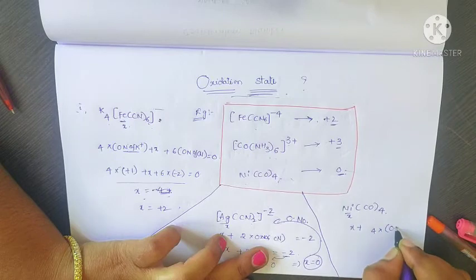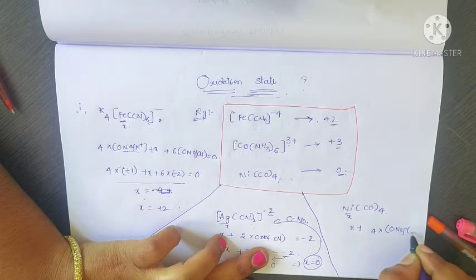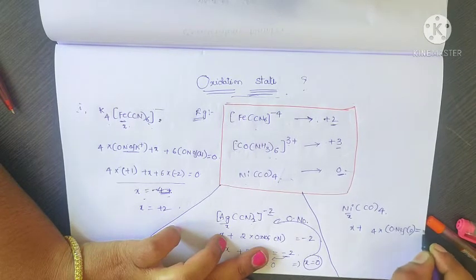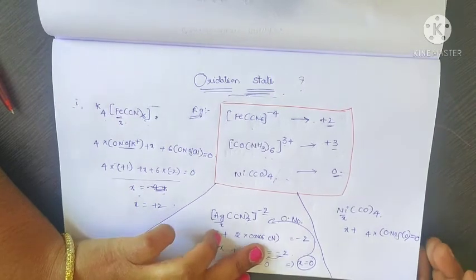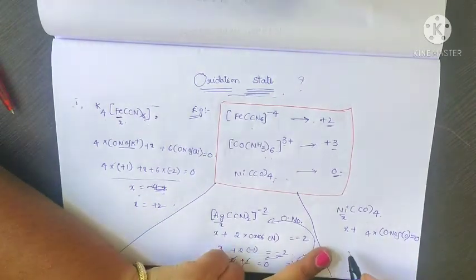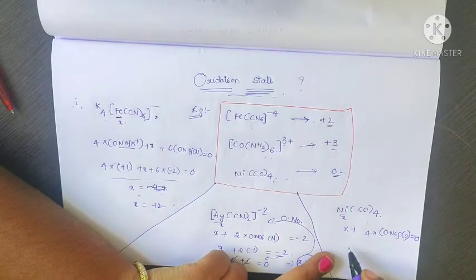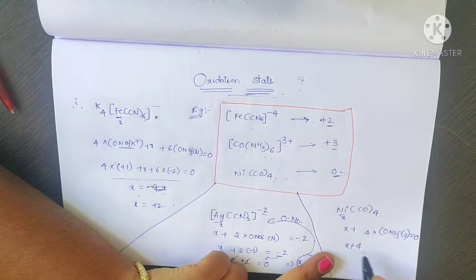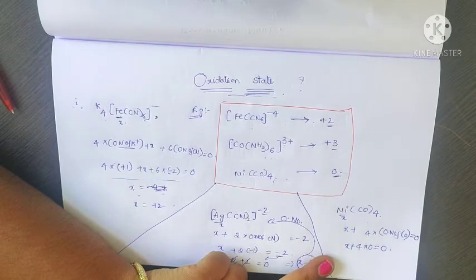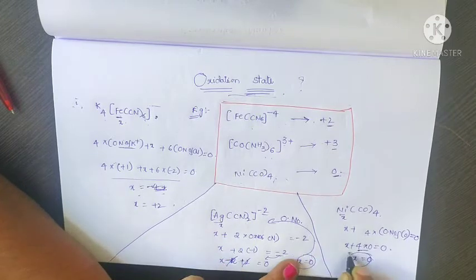The oxidation number of CO is equal to 0 because there is no charge on the complex ion. So X plus 4 times the oxidation state of CO, which is 0. So X plus 0, X equals 0. So now nickel oxidation state is 0. Okay students.